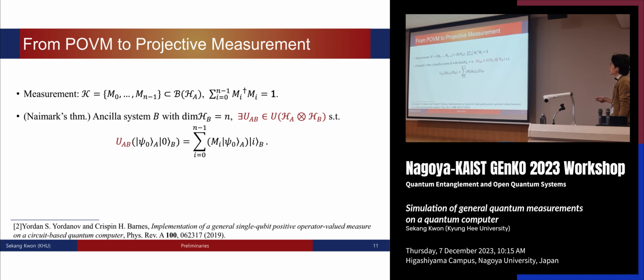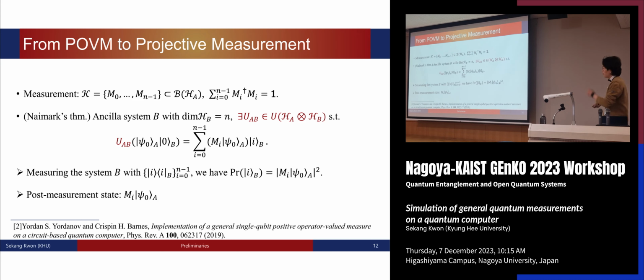We are given a measurement represented like this in a Kraus representation. By Naimark's theorem, with an ancilla system B with dimension n, it is known that there exists a unitary operator acting on this space that transforms this state into this state on the right hand side.